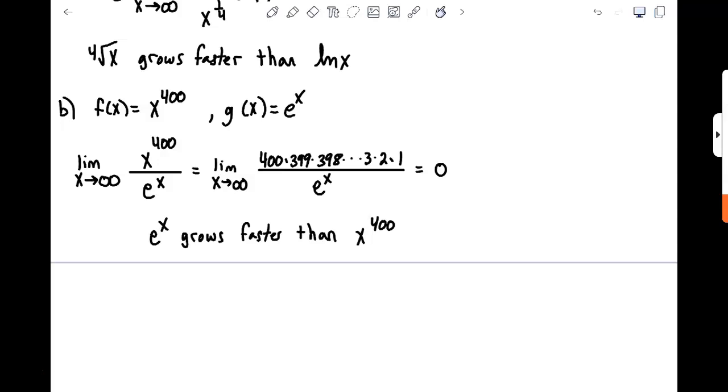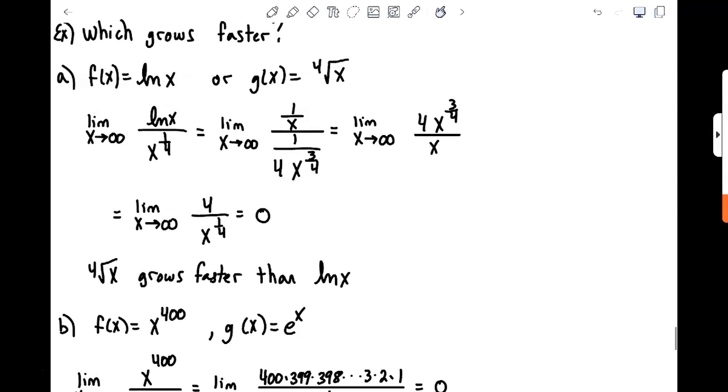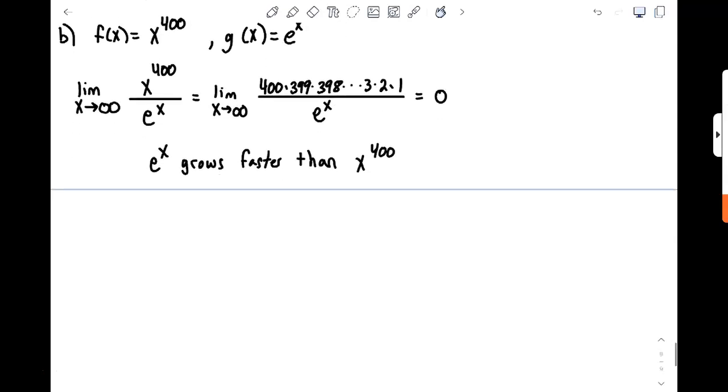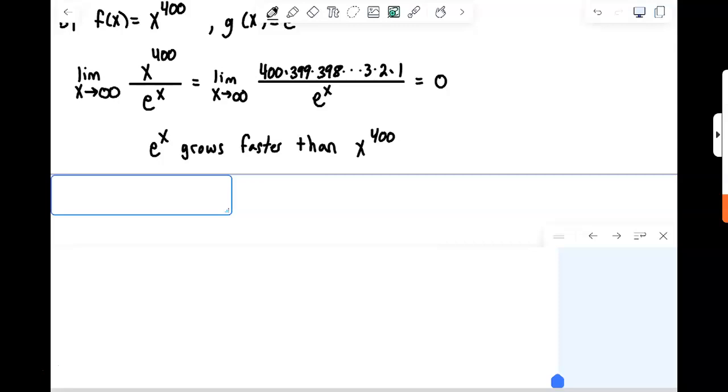Okay. So I'm going to do one last example here. We already saw that ln of x grows slower than powers of x, like x to the 1/4. But what if we raise the ln to a power? In other words, we square the ln, make it grow faster by squaring.